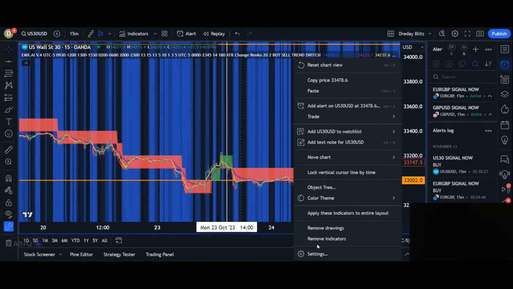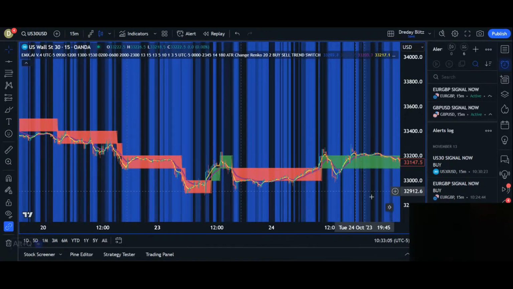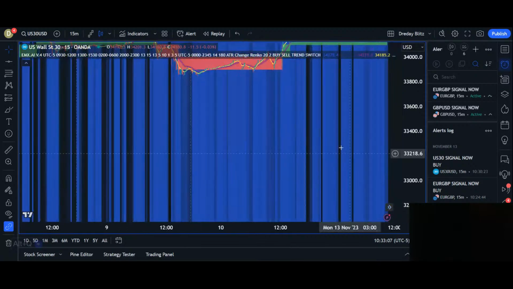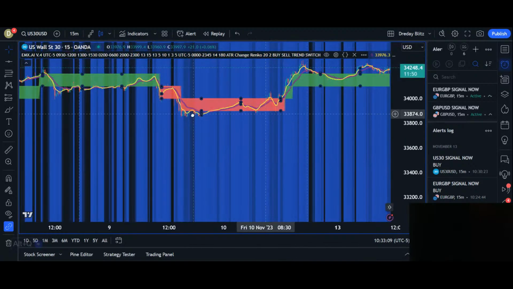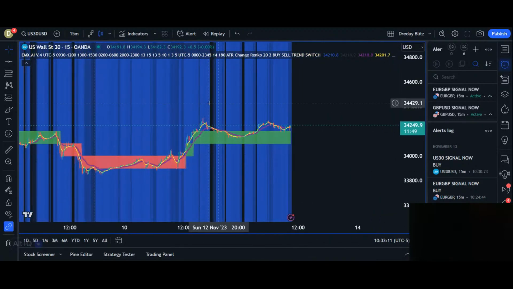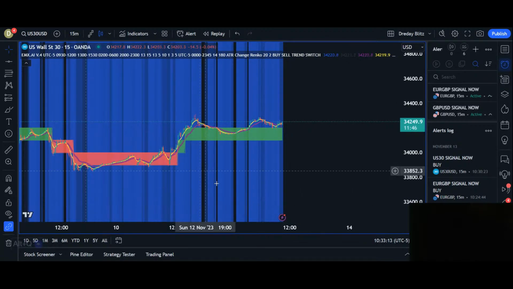So let's remove the drawing here and let's look at current market conditions. Perfect.